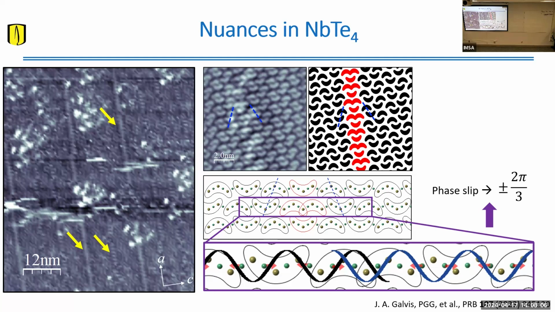All the phase shifts will have jumps in 2π/3 of the phase of the charge density wave, which is related to the periodicity of this charge density wave, because this displacement comes from the distance between two different niobium atoms, so you can only have integer numbers of these displacements for the phase.